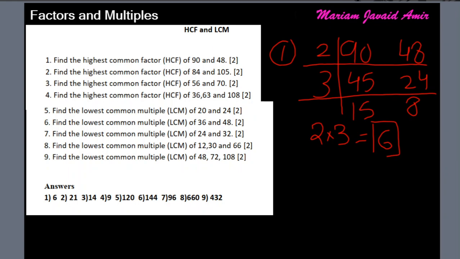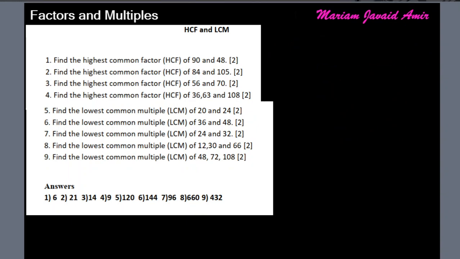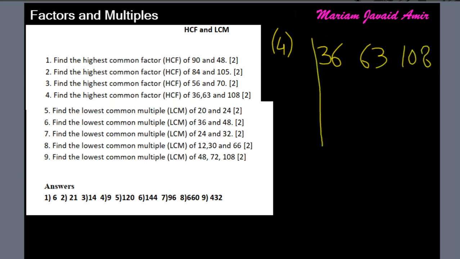Okay, let's do another one. Let's do question 4. In question 4 we're given 3 numbers whose HCF, highest common factor, we need to find. So all these numbers are divisible by 3.